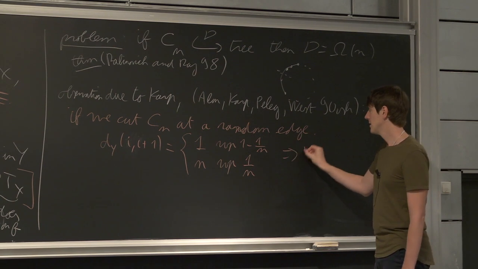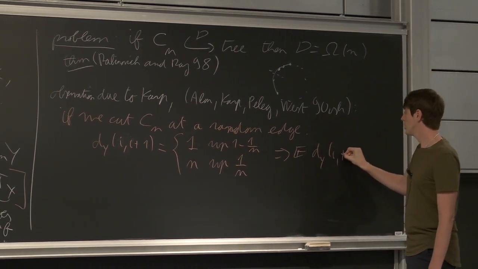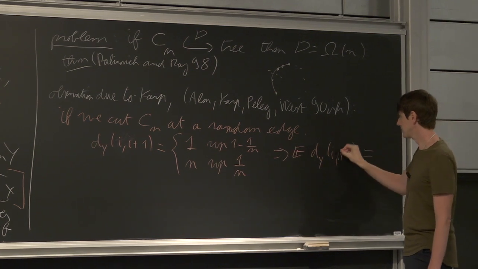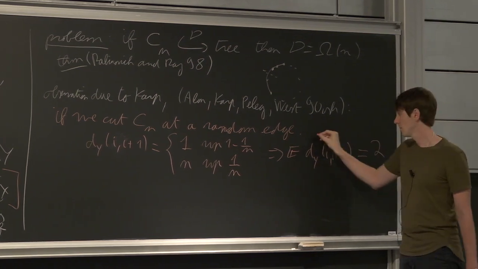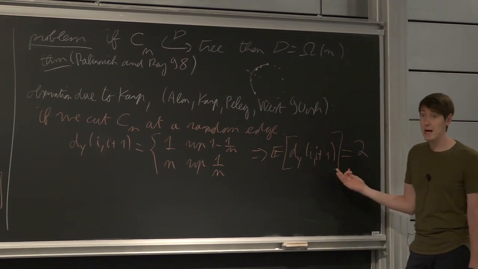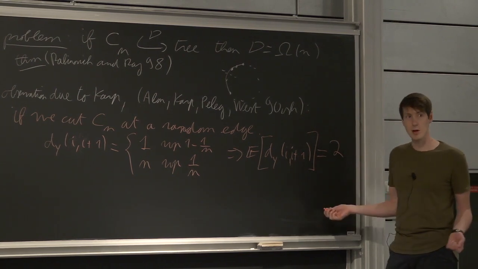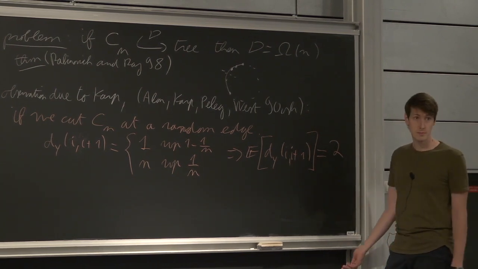So the expected distance is just 2. This gives a randomized embedding of the cycle into a tree, namely a line, with distortion 2.